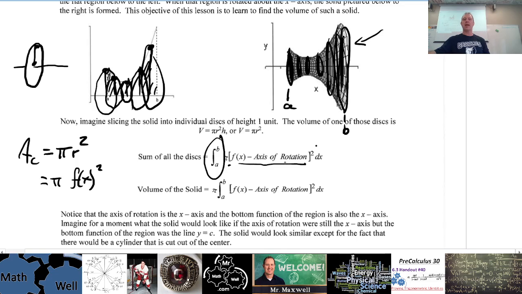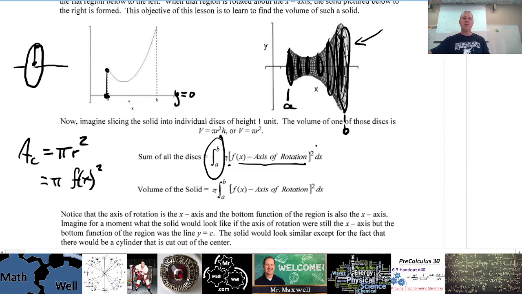Now I'll explain this axis of rotation. The radius is actually the whole distance from f of x here to f of x here. It just so happens that f of x here, when it's the x-axis, is y equals 0. So you can see how the radius is the difference. Remember last day, let me go back here.